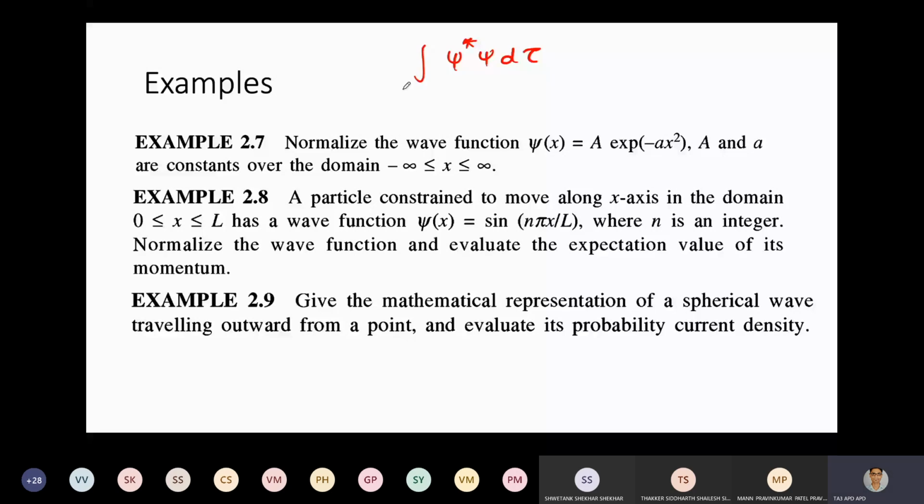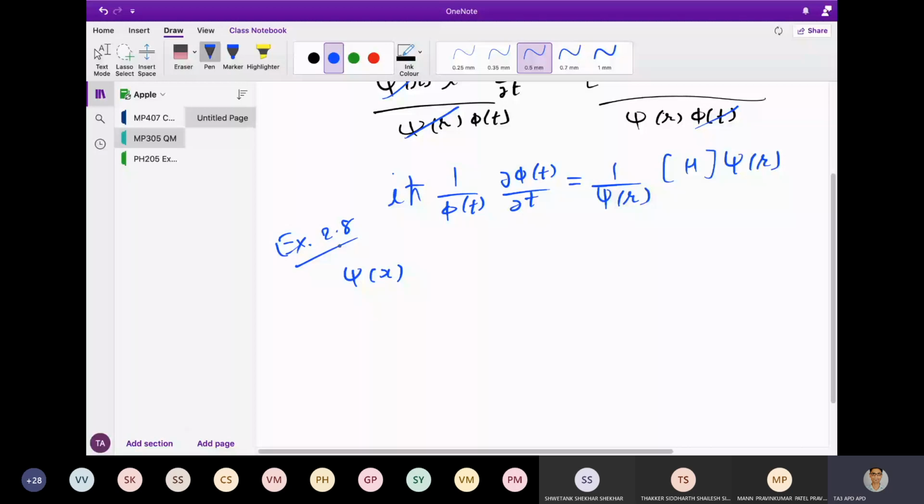So let us do this, and we should find the integral of this function. Let me write down the function. Example 2.8: psi of x is equal to capital A exponential of minus a x squared.